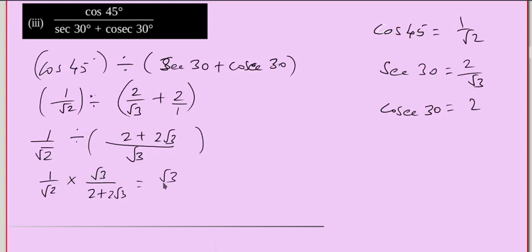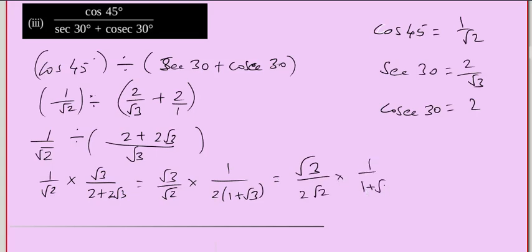So root 3 divided by root 2, and 1 by 2 is common in both of the terms. Shall we take 2 outside? So if we take 2 outside, we'll get 1 plus root 3. Okay. So this in another way, how can we write? Everything is in multiplication only, no? So this 2 we can write here also. So 2 root 2 and this 1 by root 3 into 1 by 1 plus root 3.